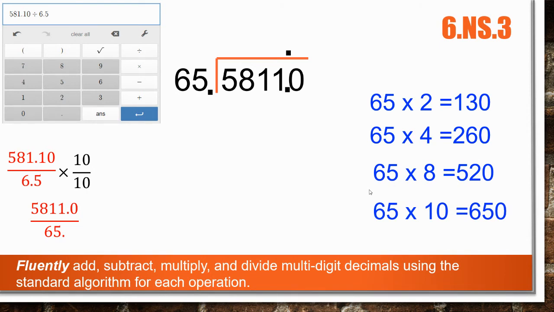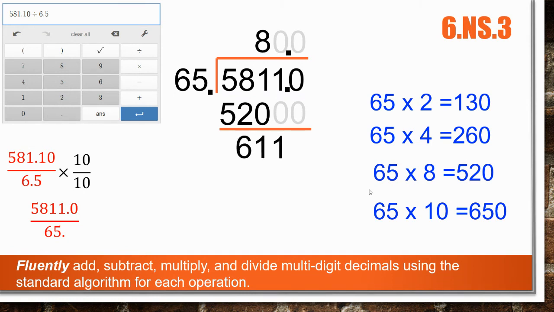Now I'm going through all of the division, and I have 8, so 8 times 65, again, I'm going to place my zeros for placeholders. 520. When I subtract, I'm not going to pay attention to my decimal right this minute because I've already placed it in my quotient. 611.